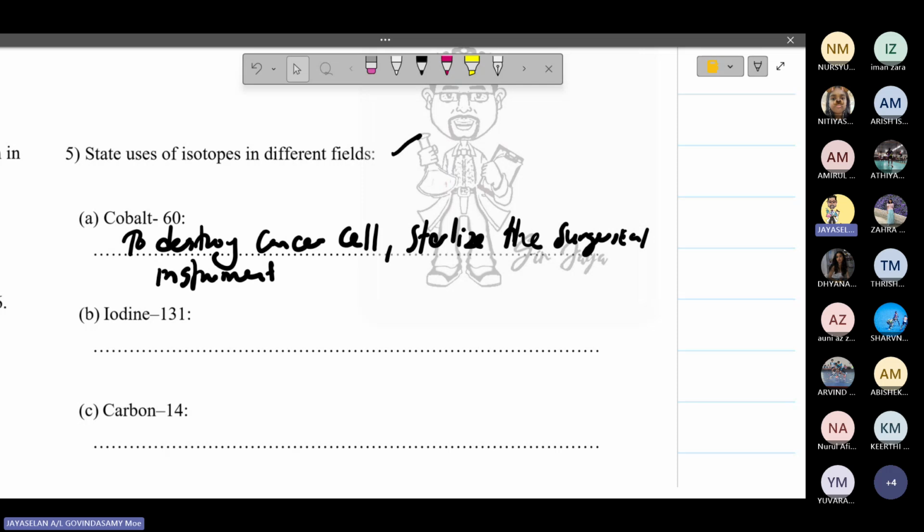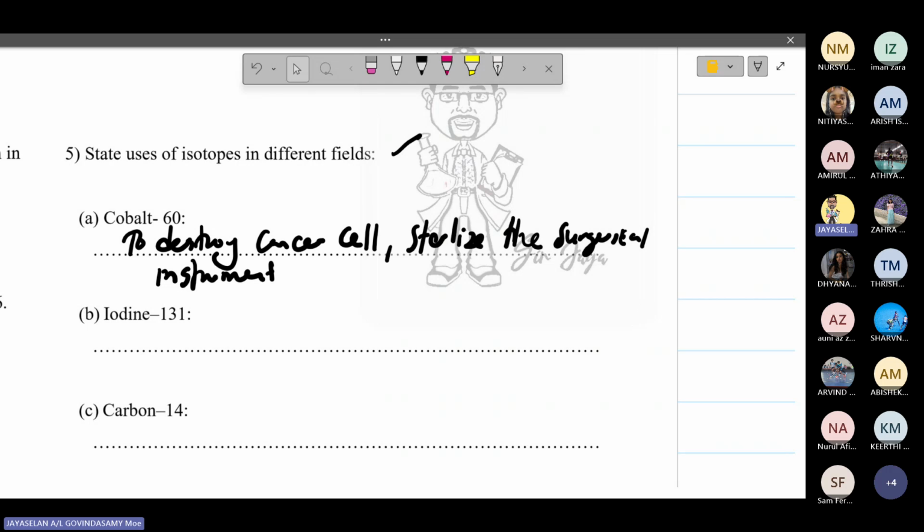Iodine 131. Anyone? What is the answer for iodine 131? Good. Yeah, detect thyroid diseases. Power lah, Sam.